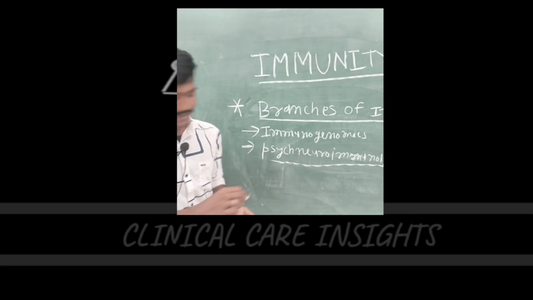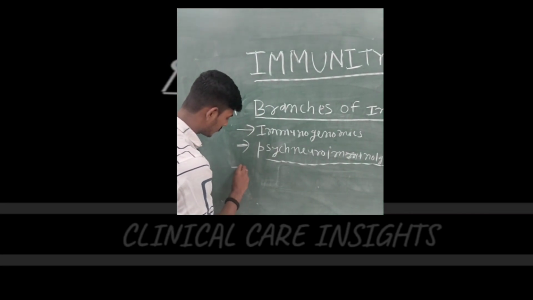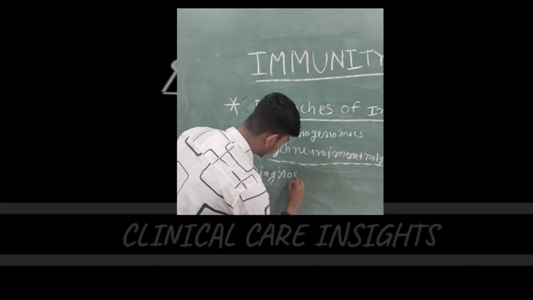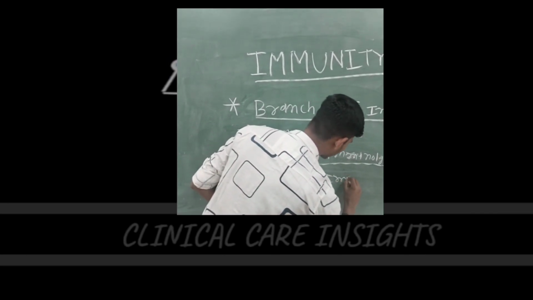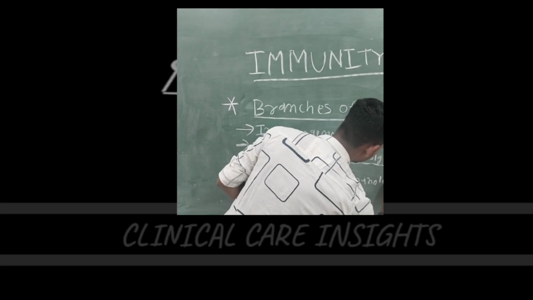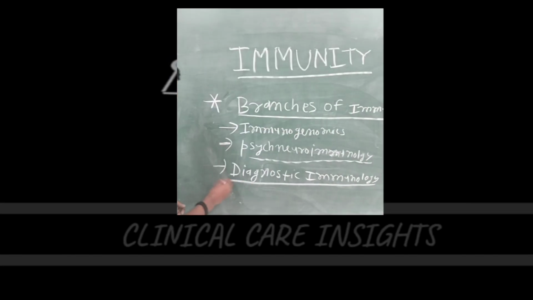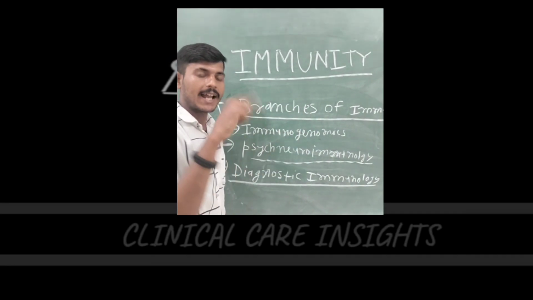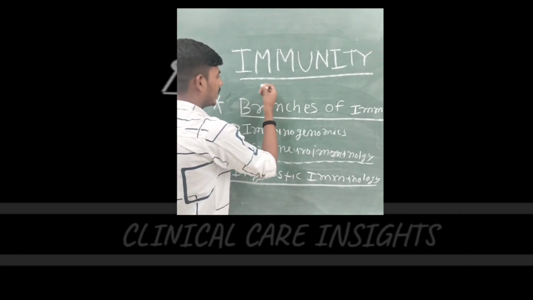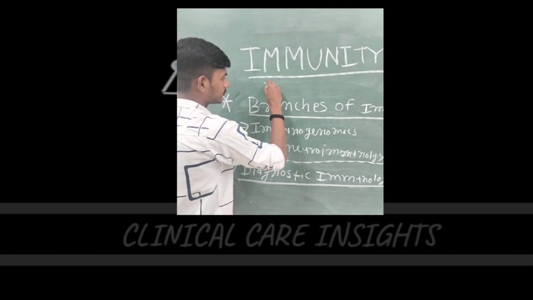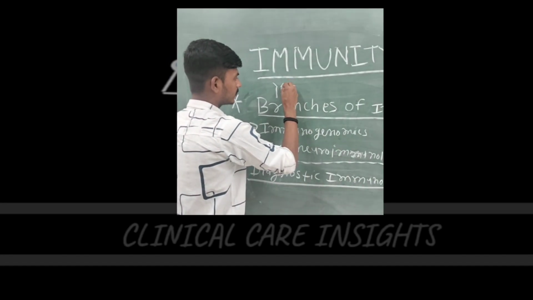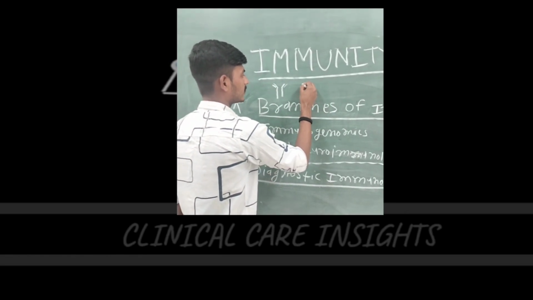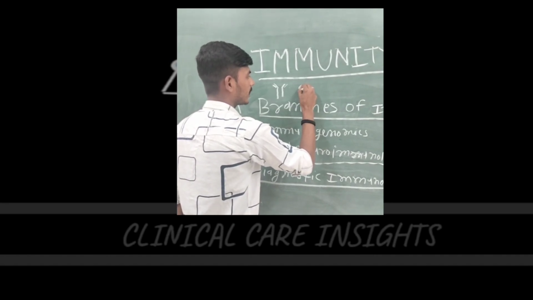Now, another branch of immunology is called diagnostic immunology. This is a very interesting branch. You know that your body possesses two things, the antibody and antigen. Antibody is represented like this, and antigens we can represent simply by a solid diagram.